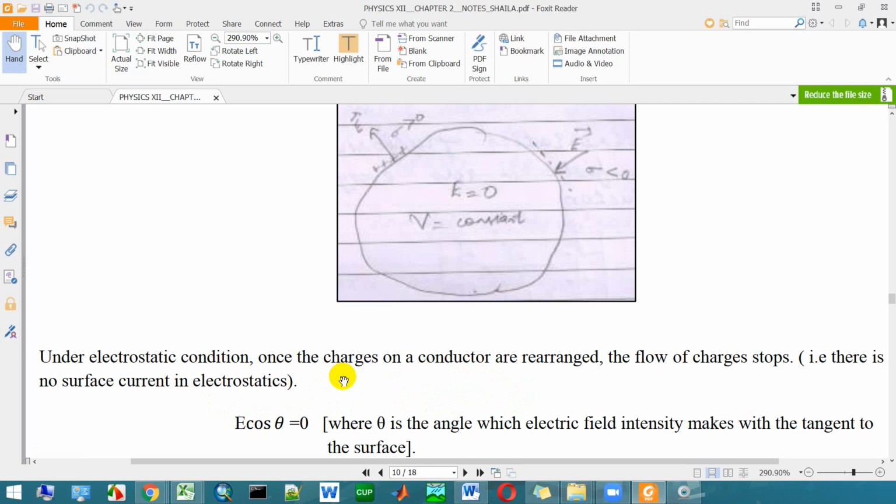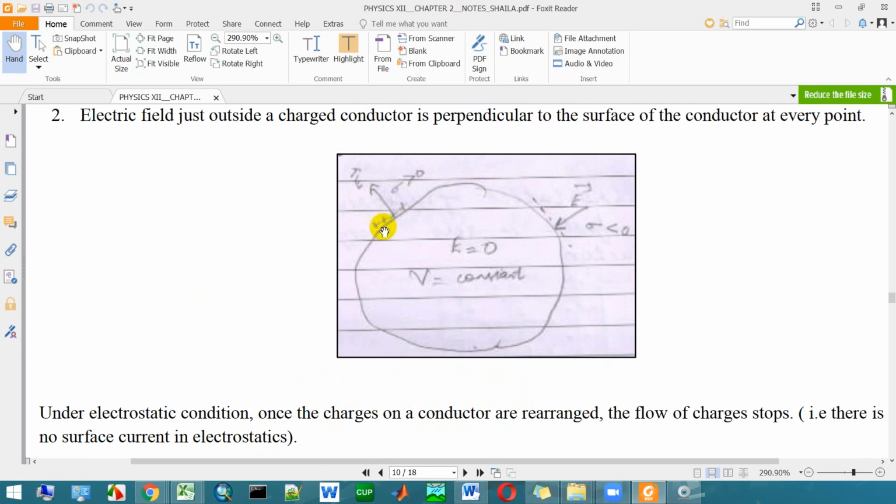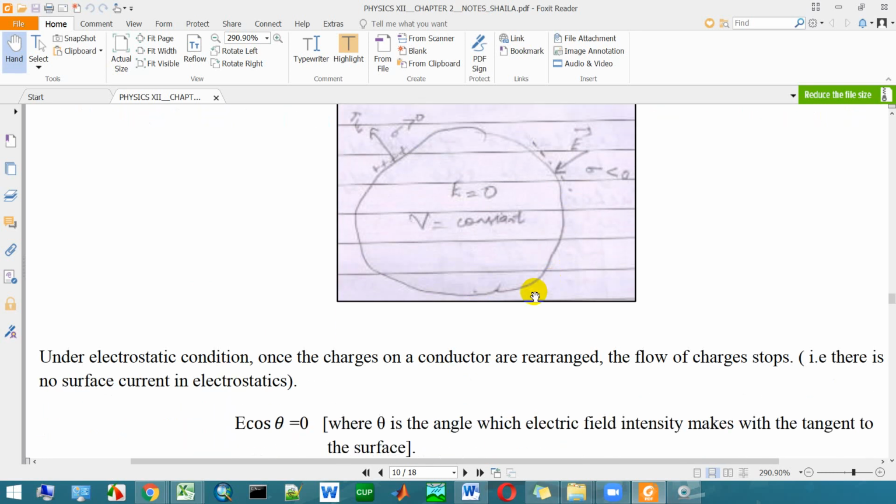Why? Because in electrostatics there is no current, known as surface current. It means that E cos theta must be equal to 0.